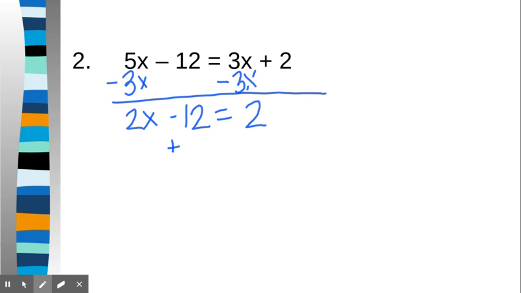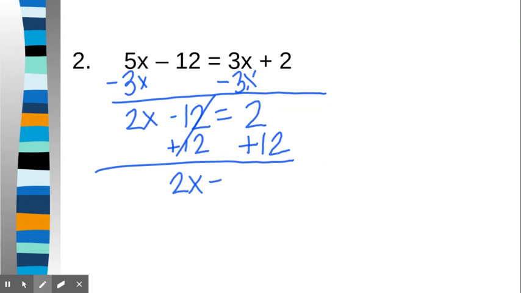Then we'll add 12 to both sides. And these go away, so we have 2x equals 14. 2x is showing us multiplication, so we can divide both of those by 2 to get x equals 7.